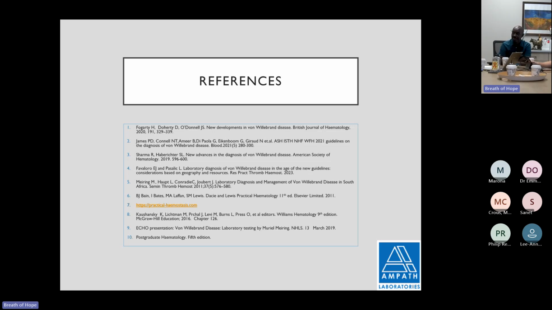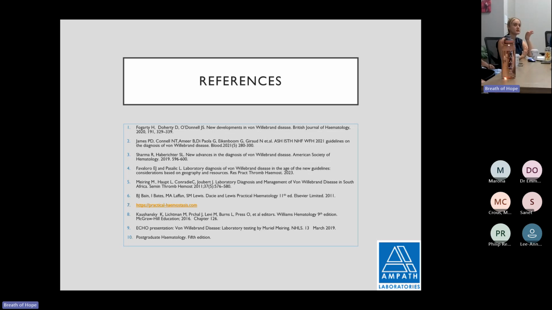And I think just one thing that I want to emphasize, I'm just going to use an example. I got a blood result from a lady with bruising, and I drew the blood, and we could see the von Willebrand factor antigen level is borderline, and the factor 8 level was low. It's very, very important to know pre-analytical variables could affect it.